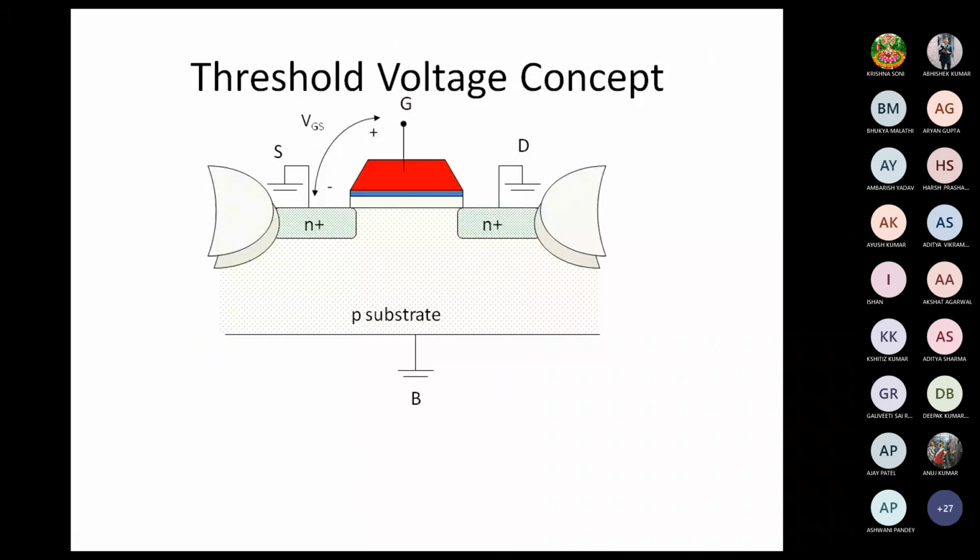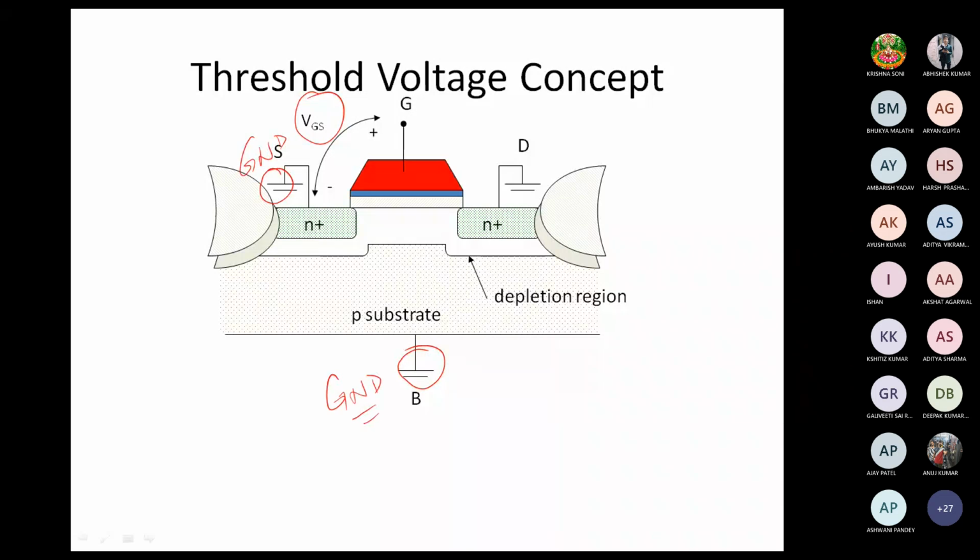So let us look at what we mean by threshold voltage here. As already understood, when we apply a gate voltage, that means a potential at the gate with respect to source, which we talk in terms of VGS, and this substrate and the source are both at ground potential.